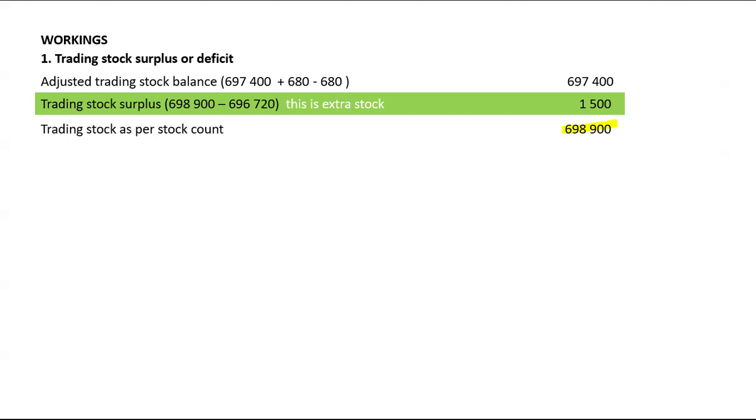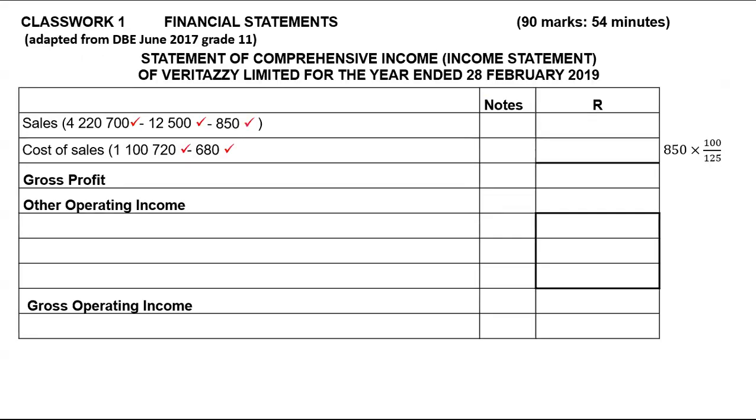Meaning what we have in our records of 697,400 was incorrect. It was supposed to be 698,900. So the increase in your asset results in income. That 1,500, we are going to record it under operating income.